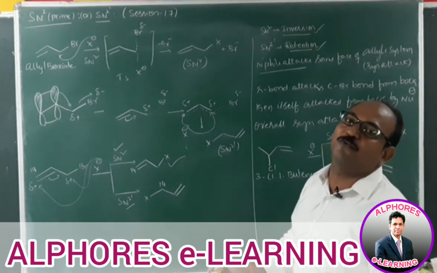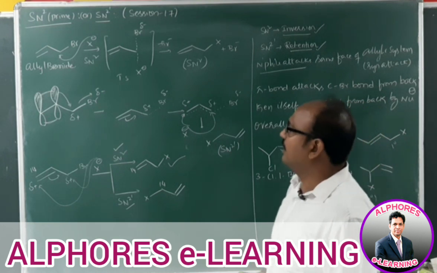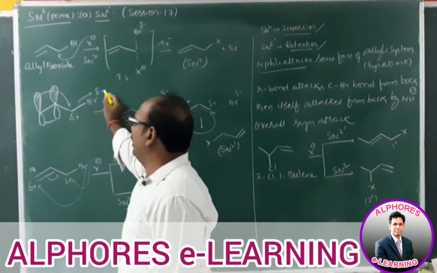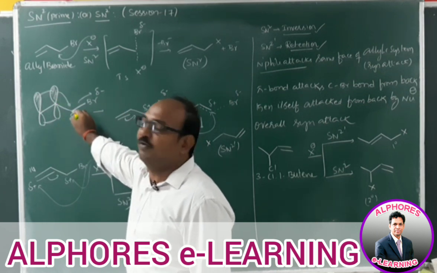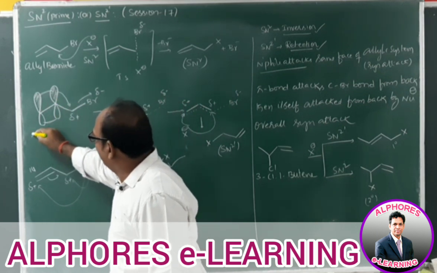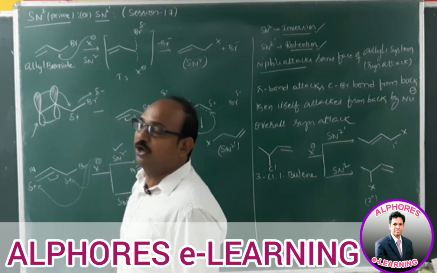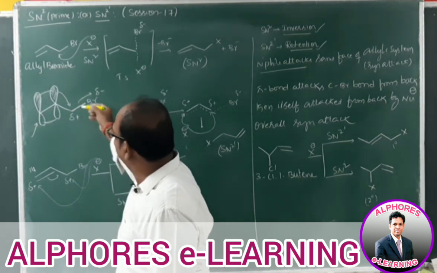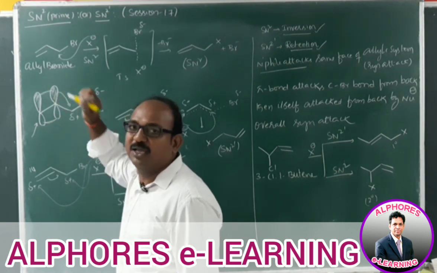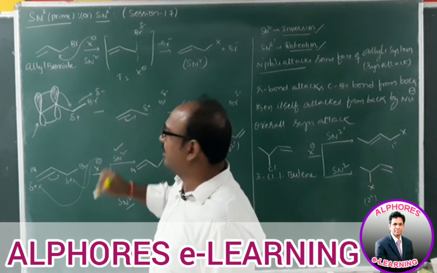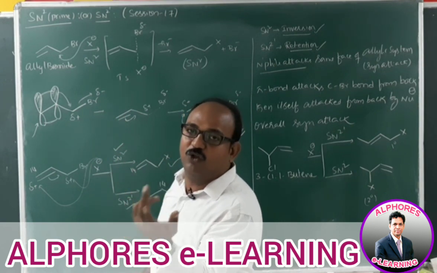When Br is going to leave, towards this positive charge these electrons are shifted, and the approaching nucleophile approaches like this. Overall the departing leaving group departs in this direction and the approaching one also approaches in the same direction. Nothing but twice anti.